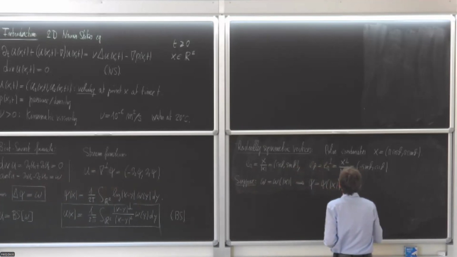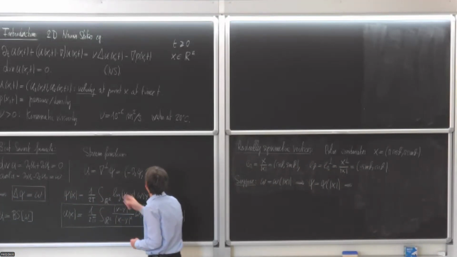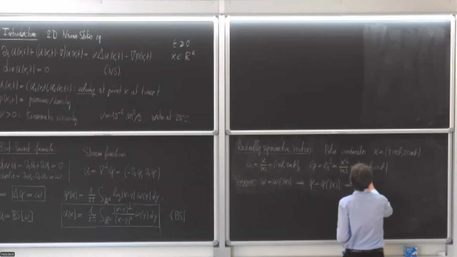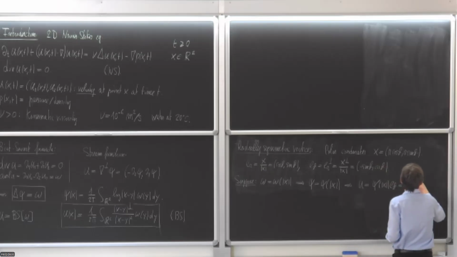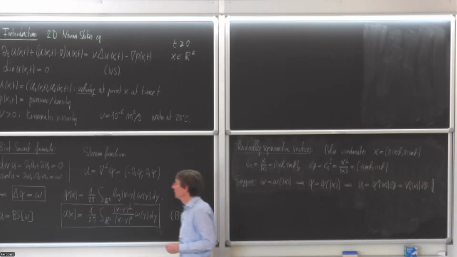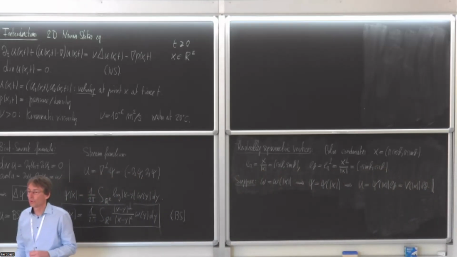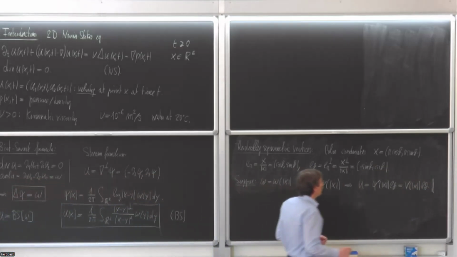Then if you make a calculation, when you differentiate, u is psi prime of modulus of x times e_theta, and let me denote this by v of modulus of x times e_theta. So the velocity field is a radial function of r multiplied by e_theta, which means that you can draw the streamlines.